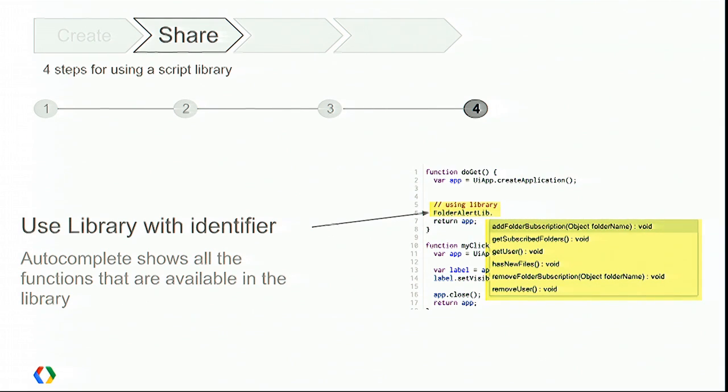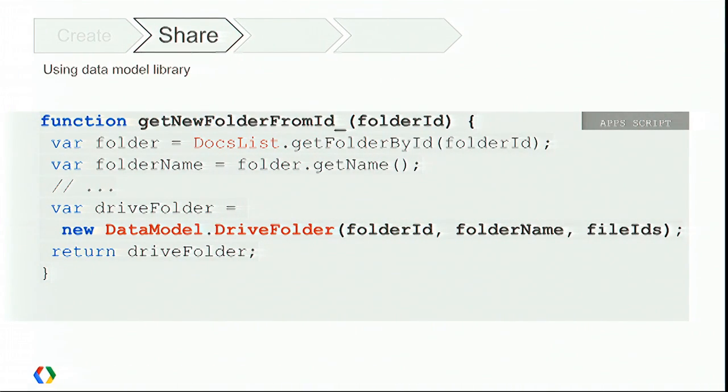So four simple steps to use libraries. And again, this example shows you how a data model library was used in the second project. Here you can see data model.dryFolder, and dryFolder was one of the main classes that we wanted to store, right? So it's very simple and easy to create libraries and use them.